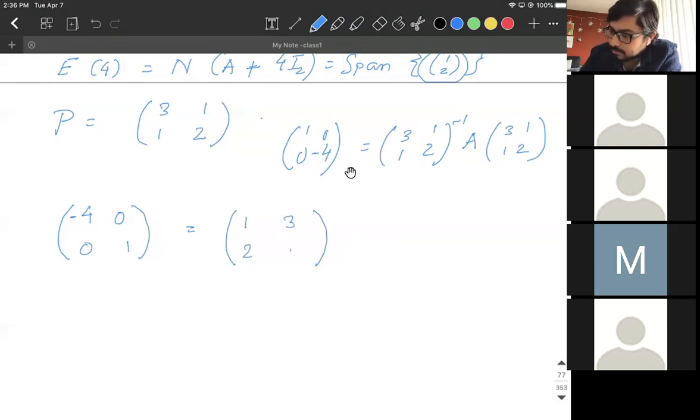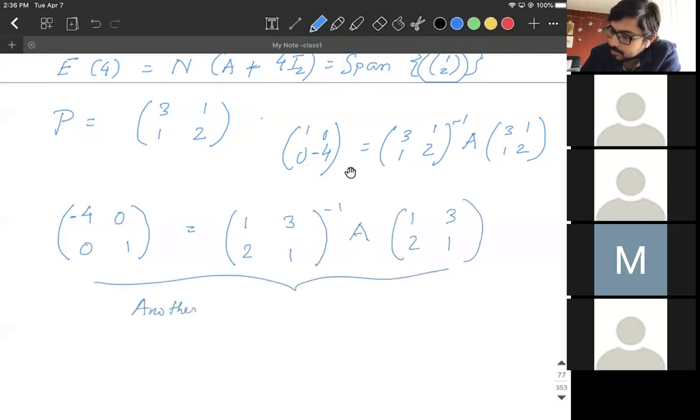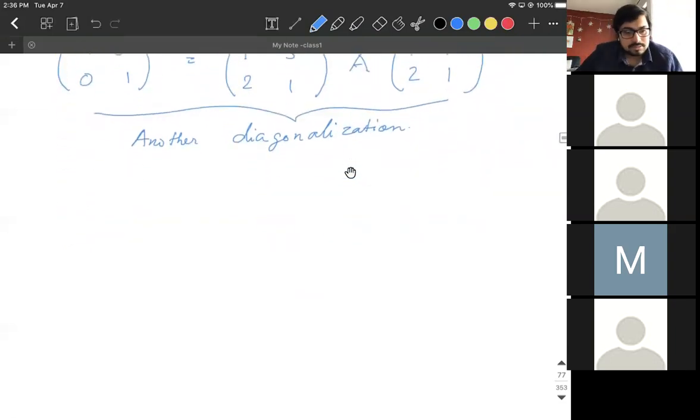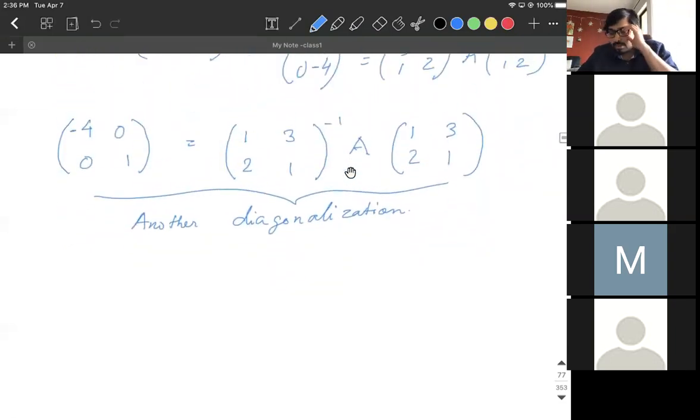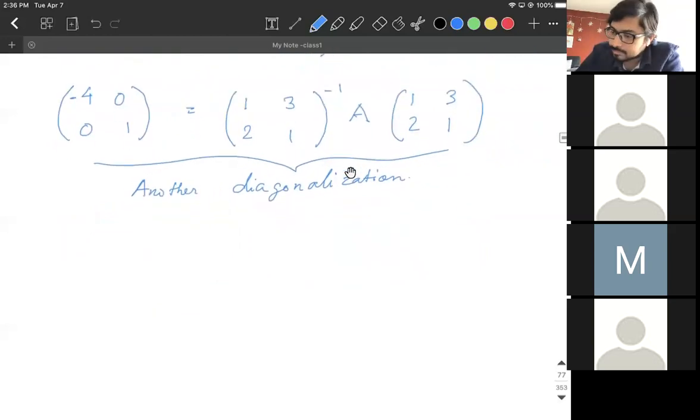So the second column is given by 3, 1. And now you take the inverse times A times 1, 2, 3, 1. So this is another diagonalization. So there can be plenty of diagonalizations depending on how you arrange the diagonal entries.